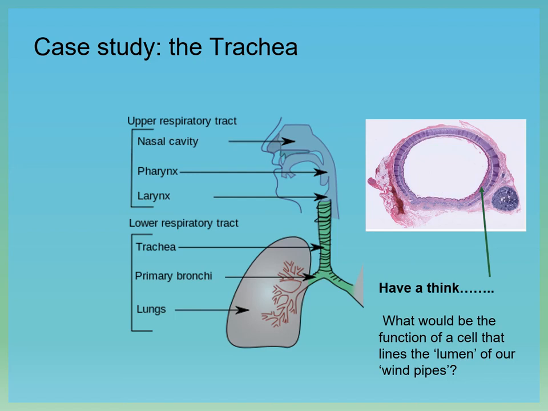Now this is a cross section of the windpipe, so this is like one ring looking down, as if the camera's looking this way, and you can see this is the barrier, I suppose, the physical barrier between the outside world and the inside world.